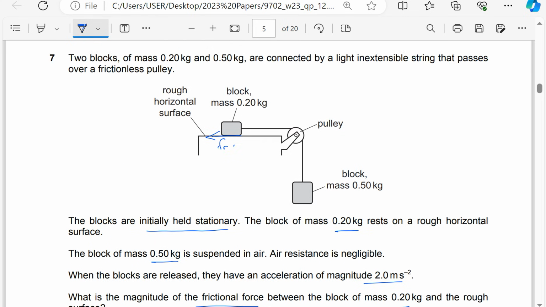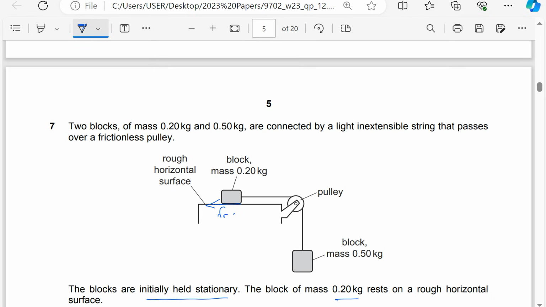Okay. So if there is an acceleration, we know that the resultant force F is equal to mass times acceleration. There's tension here. Tension pulls away from the object every time. Then this one has a weight, which I'm going to call W, and that is going to be 0.5 times g.